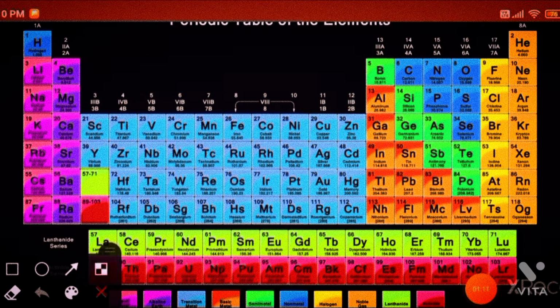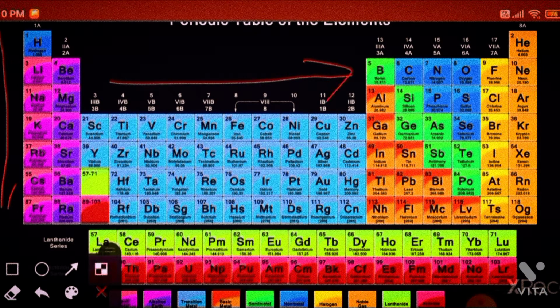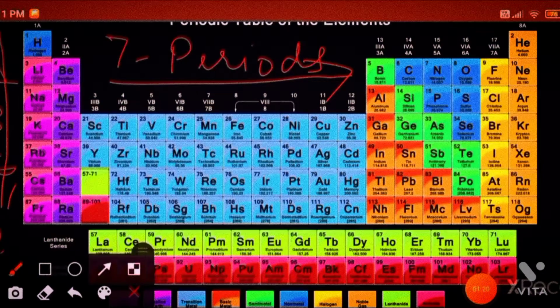This vertical arrangement is called a group and the horizontal arrangement is called a period. Here you can see this vertical arrangement is called a group. There are 18 groups, 1, 2, 3, 4, like this till 18.